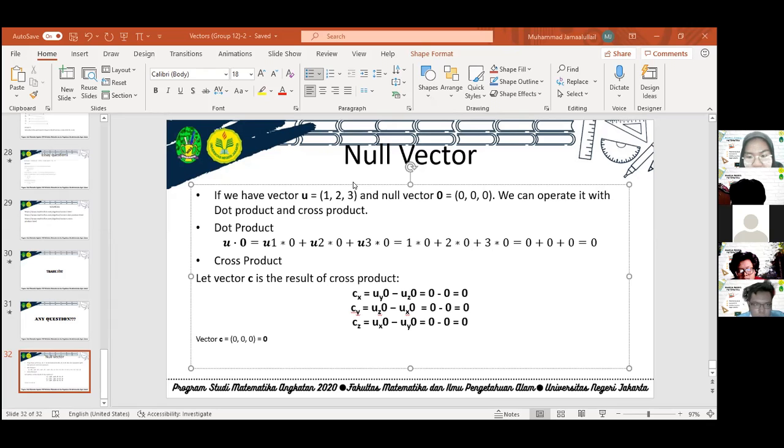The sum of the zero vector with any vector A is A, that is, 0 plus A equals A. Okay, thank you, group 12, for the answer. Okay, thank you, Helen.